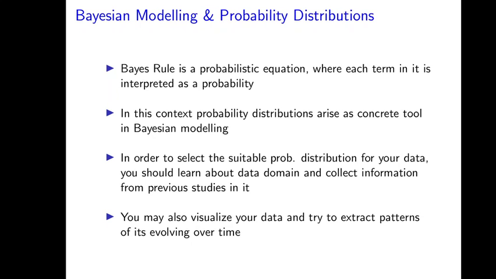You may also visualize your data yourself and try to extract certain patterns that express the evolution of your data over time. These are the ways to understand your data and select the probability distribution that best fits it.